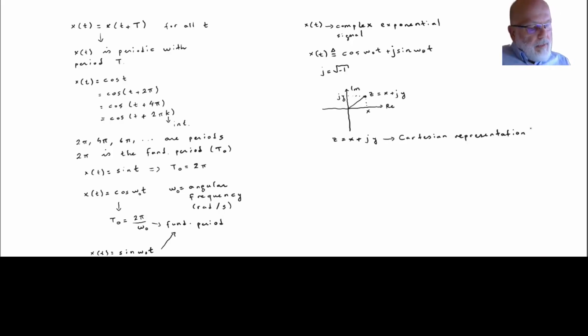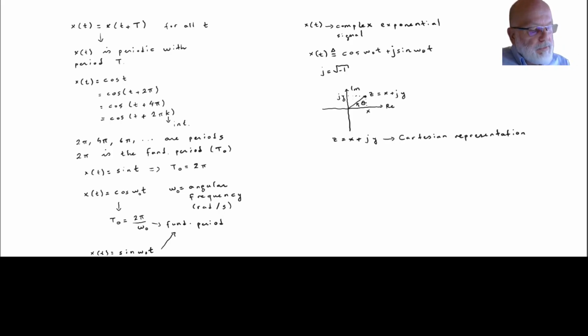Now, if we look at the complex plane and this particular complex number z, it is represented by the length from the origin to that point, and also by the angle between this line and the x-axis or real axis, which is given by theta.